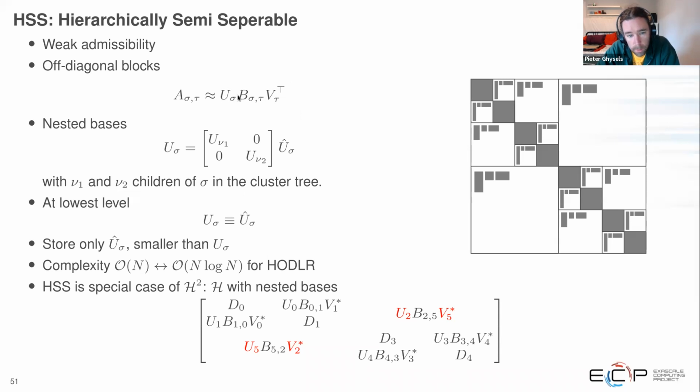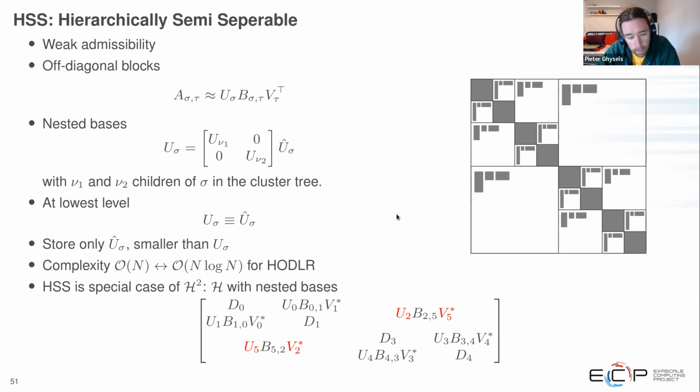But we don't explicitly store U, we store U as a linear combination of smaller U matrices. And these smaller ones are the low rank representations on a lower level. For instance, this U is this basis matrix, and you multiply this with the lower level U matrices, this one and this one, in order to get the low rank representation of this larger block.